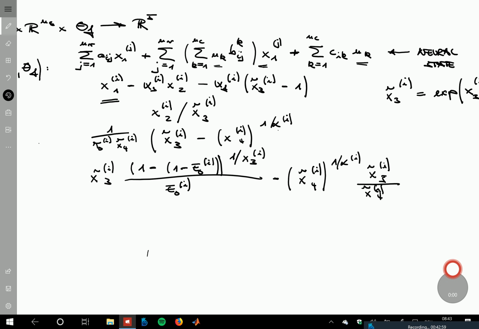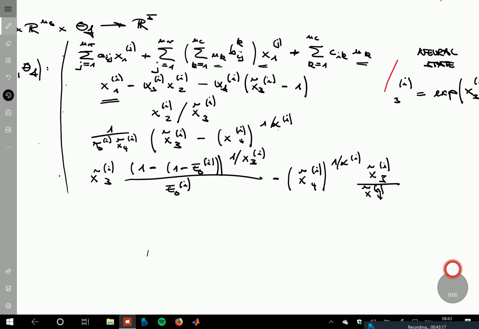So these are the rate of change of x1, x2, x3, x4 and x5 for the ith region, and I'm concatenating this now.